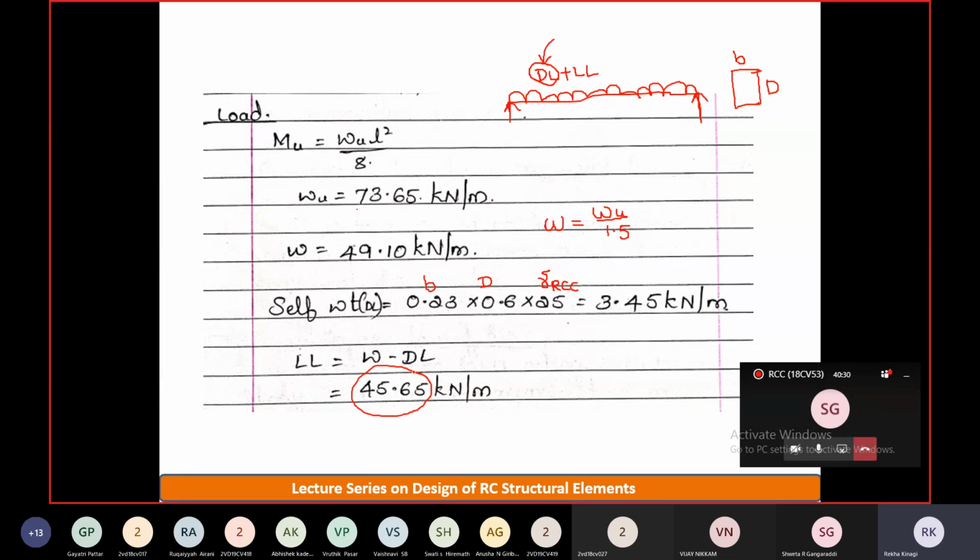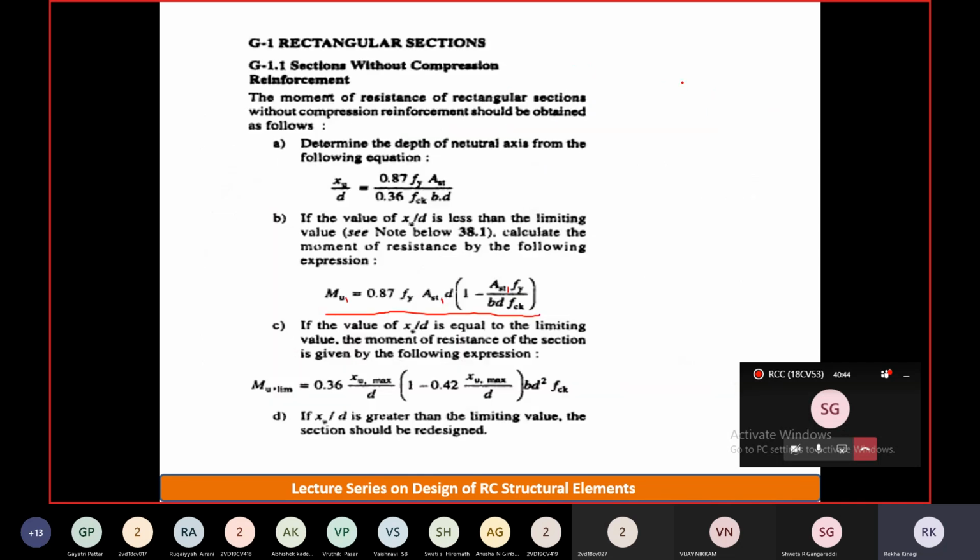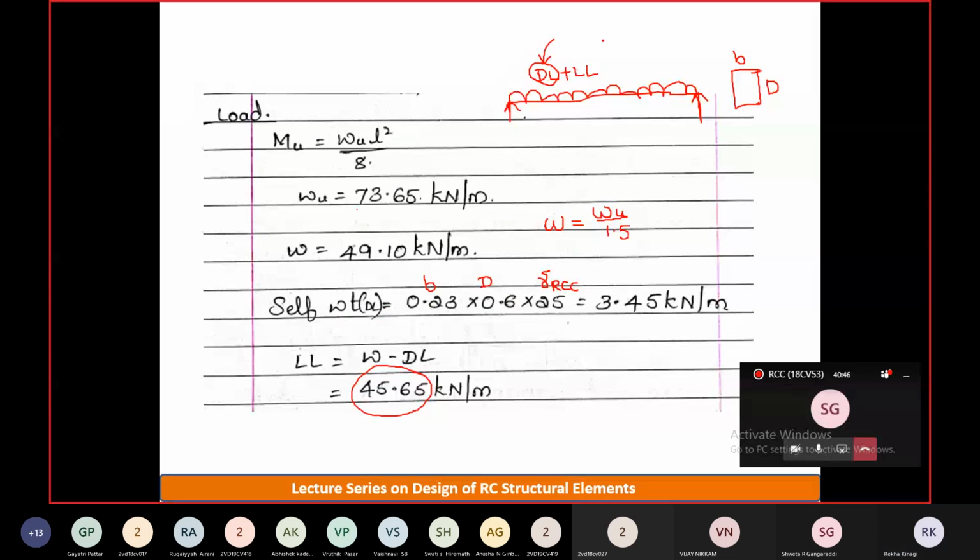Suppose the question changed. Instead of the superimposed load, if they had asked you to calculate the point load acting on the beam at the center, then the UDL will be the self weight and there will be a point load here at the center.